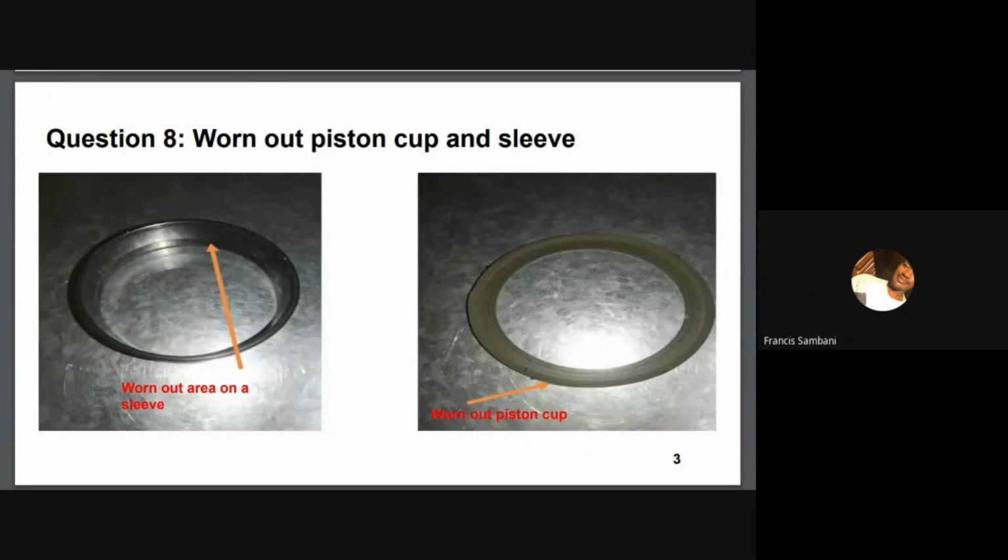Inside the compressor you have the piston cup, which is attached to the piston, and then you have the compressor sleeve. The piston cup continuously collides with the compressor sleeve, and through that process, eventually these two things wear out. This is just an image of how they look when they're worn out. So if you see that they are worn out, you just need to replace them.